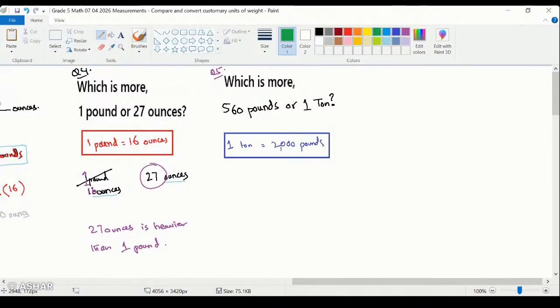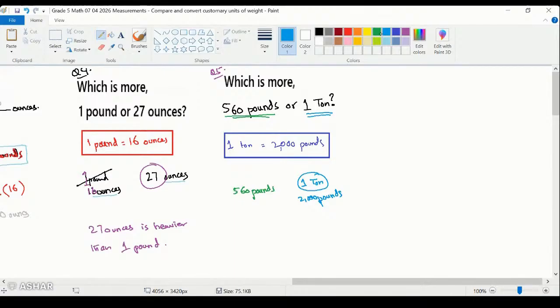So let's compare. The first value was 560 pounds. We need to bring them into the same units, right? And this was 1 ton. And 1 ton, we knew, was equal to 2000 pounds. So which one is heavier?